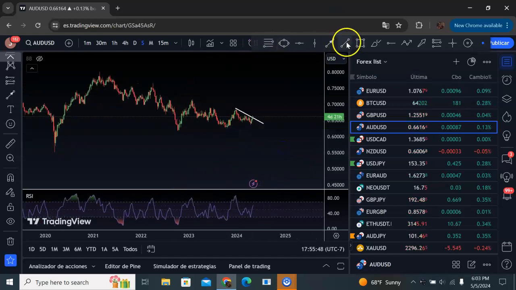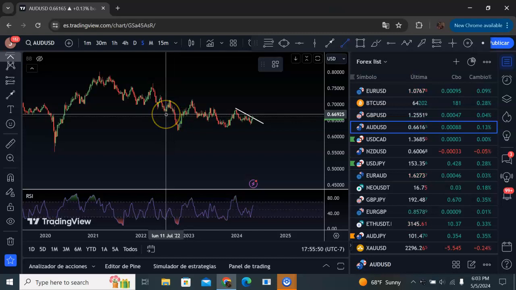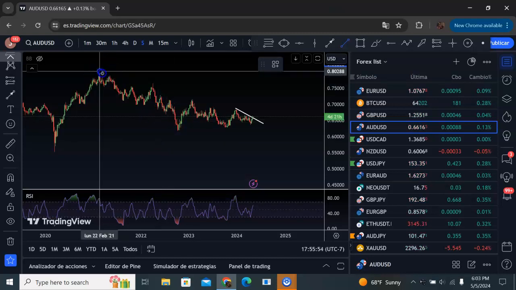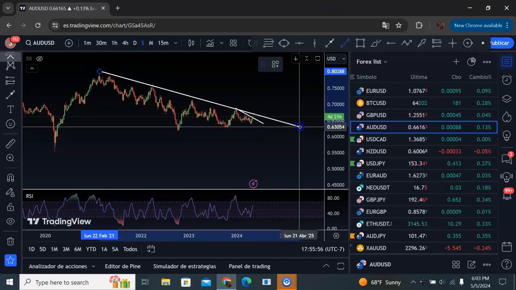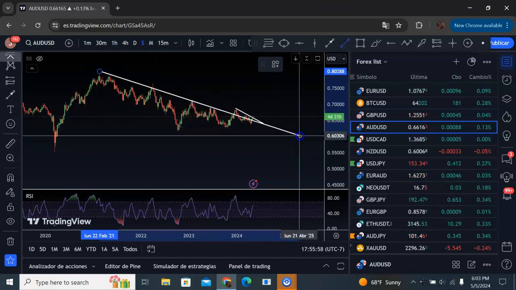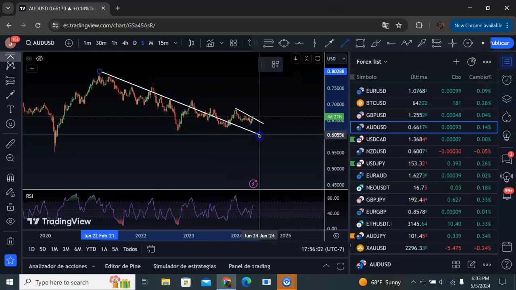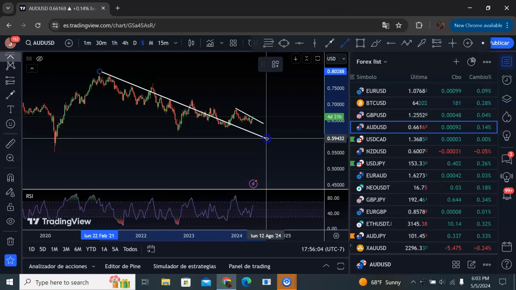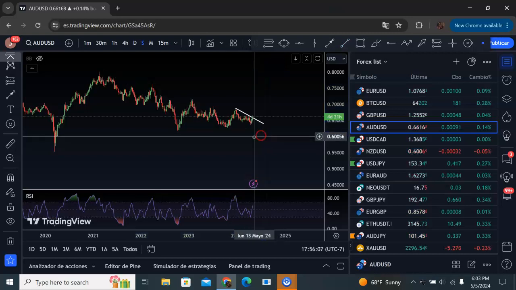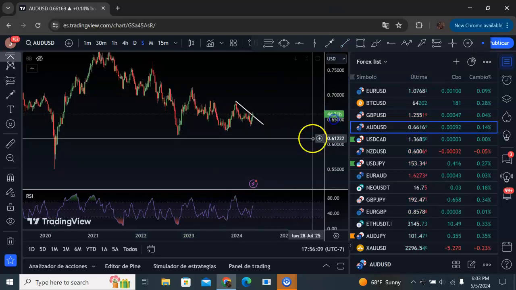So I will definitely find the trend line will be here. It could be here. That would be way too high. I don't like that too much. So I'm very iffy about AUD/USD.